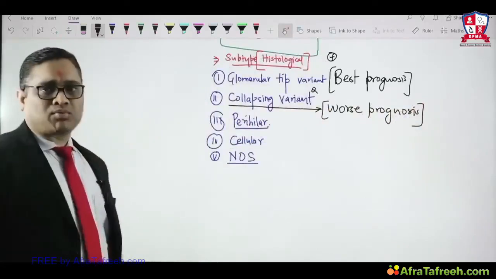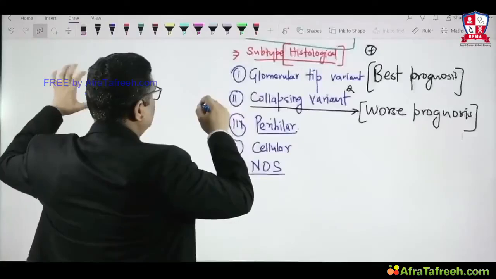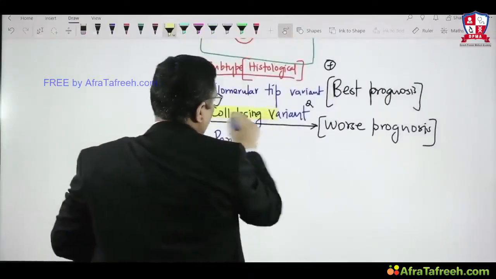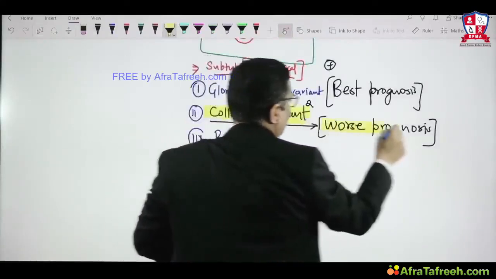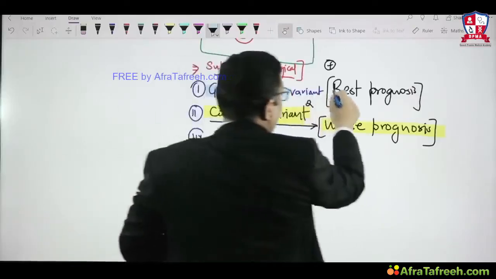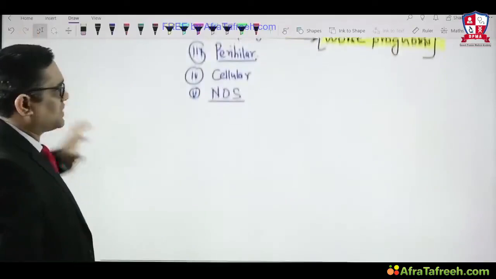So the important point to note is the question regarding which subtype has a good prognosis and which has a bad prognosis. The collapsing variant has the worst prognosis, and the glomerular tip variant has the best prognosis. So these are the histological findings.